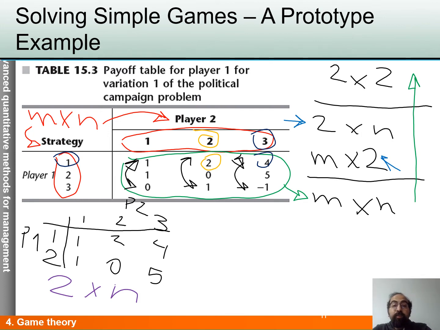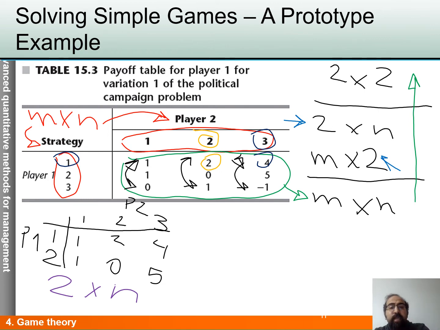So for this reason, those that are more positive are the strategies that we can try to eliminate. So make a comparison between the elements now in the columns. Why? Because we are trying to review the strategies of player 2. Make a comparison between strategy 1 and strategy 3.